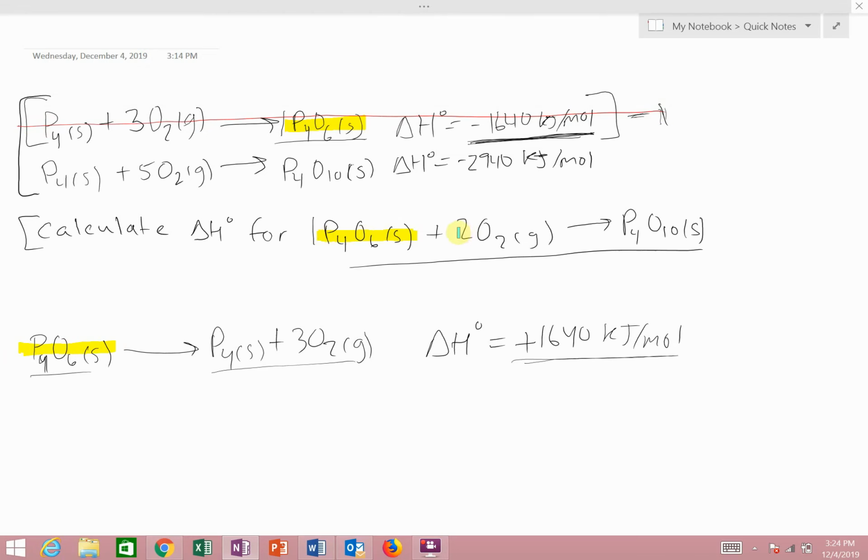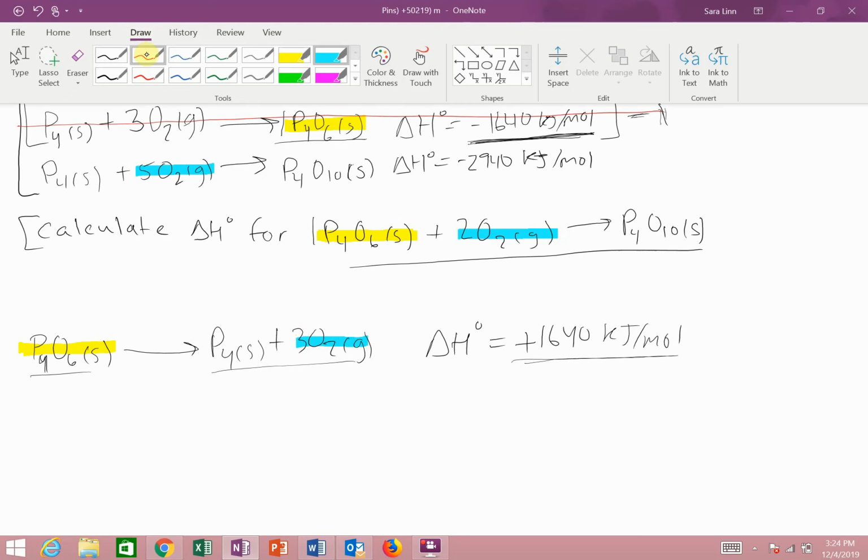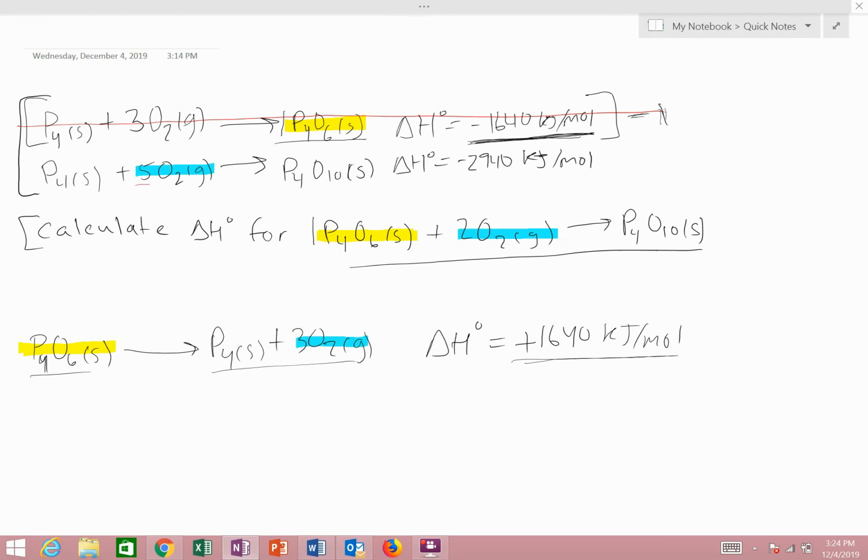We have 2 moles of oxygen that we need on the reactant side, and let's find that in our top equation. We have 5 moles of oxygen on the reactant side, and then down here we have 3 moles of oxygen on the product side. Now what we need to do is subtract. We need to take 5 and subtract 3. And we have to look at which side they're on.